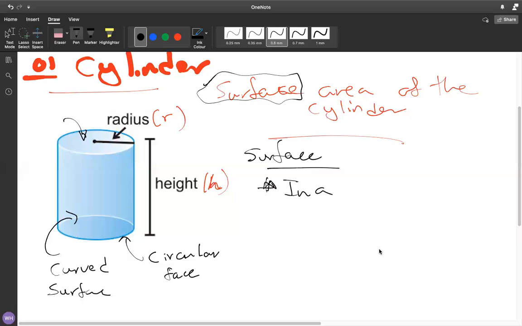Number one, curved surface. Number two, circular surface. Okay, full stop.